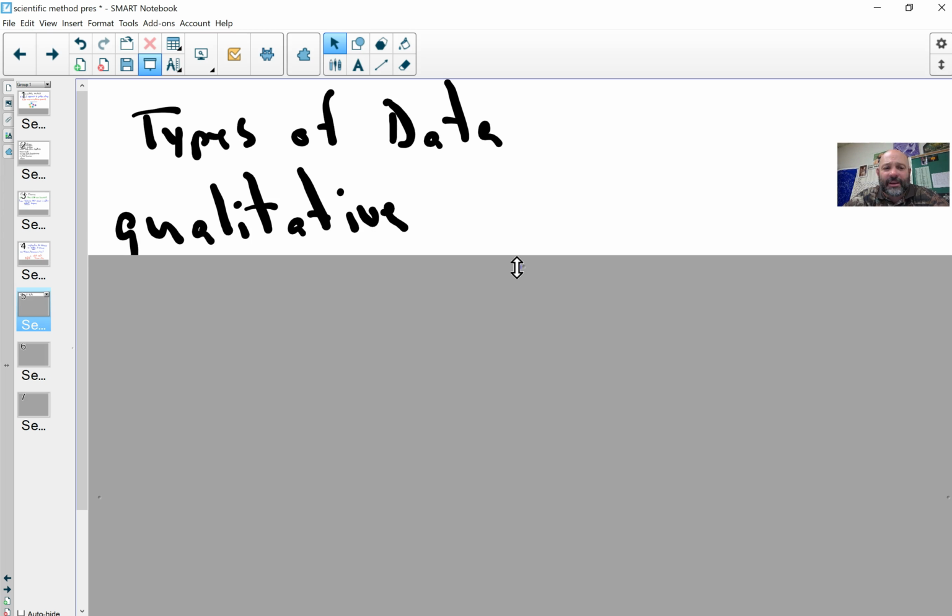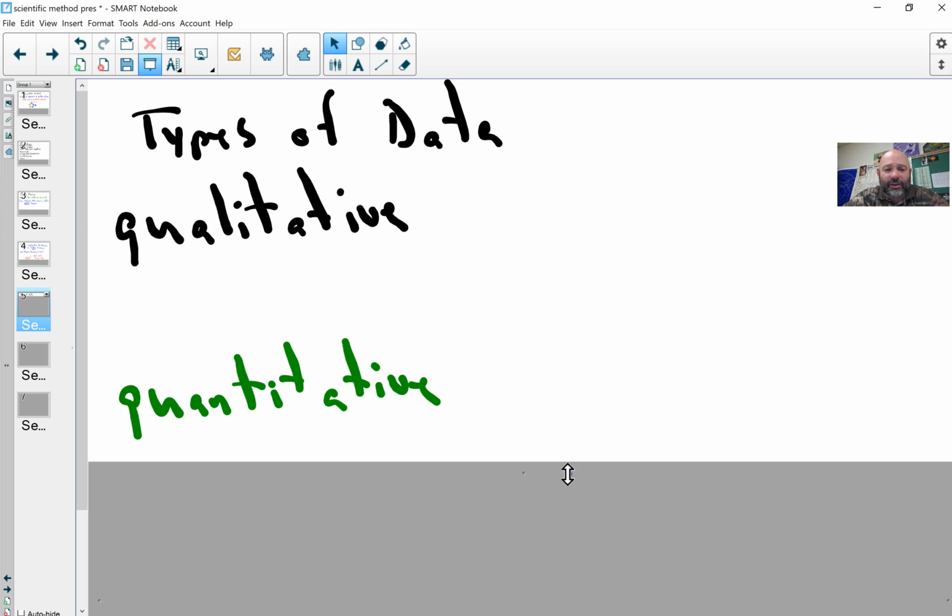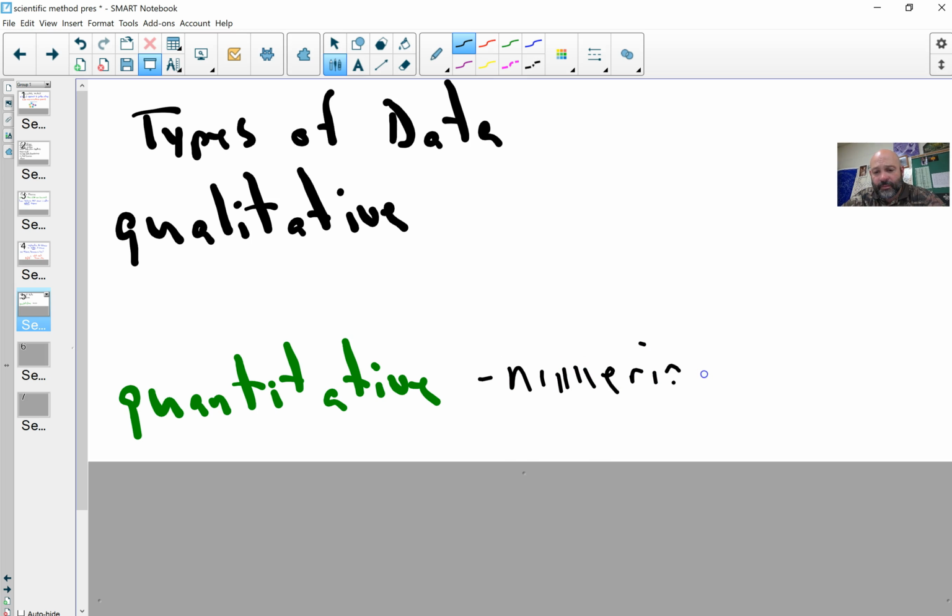Two types of data we have are qualitative and quantitative. Quantitative very simply means that you have a numerical measurement with it. So you're just going to have a measurement, that's quantitative.